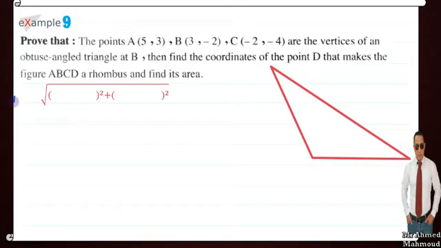AB equal five minus 3 all power of 2 and 3 plus 2 all power of 2, which is equal root 29.